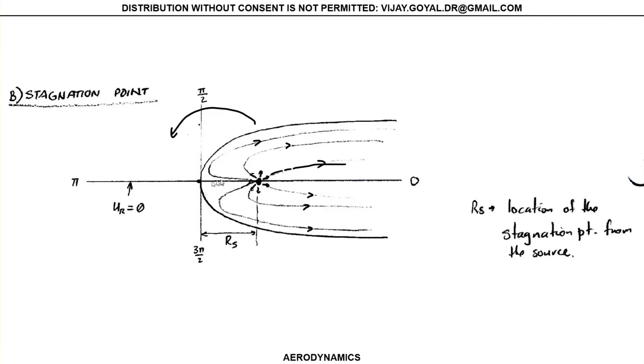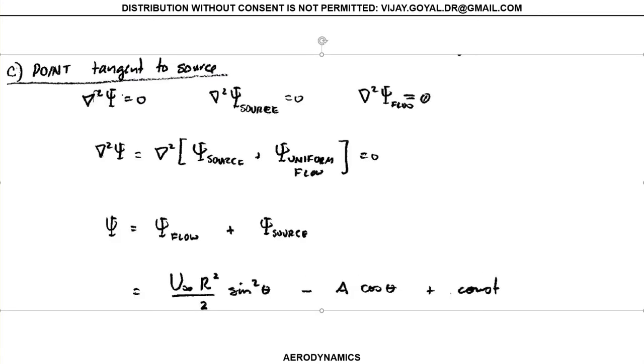Okay, so now let's see what's the point tangent to the source. So to understand this, I am just going to simplify our analysis here a little bit. So in this particular problem, this is the stream function, if you would. This is not the potential. This is the stream function now. Okay, and the streamlines are perpendicular to the potential lines. Remember that always. So this is 90 degrees to phi.